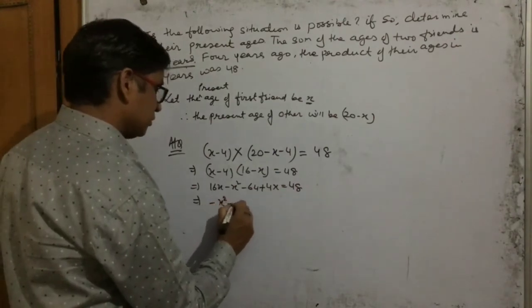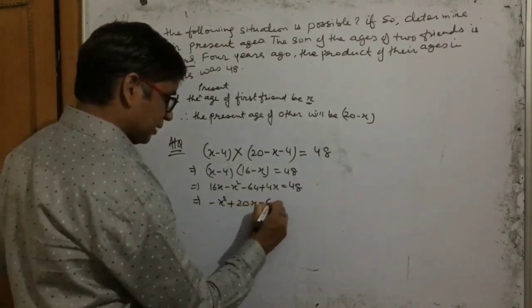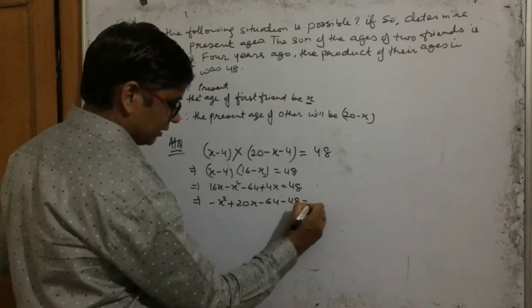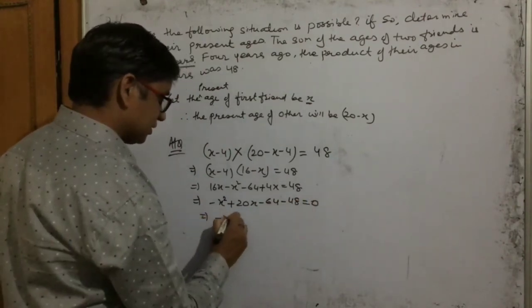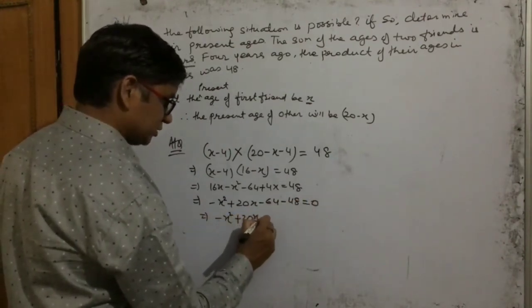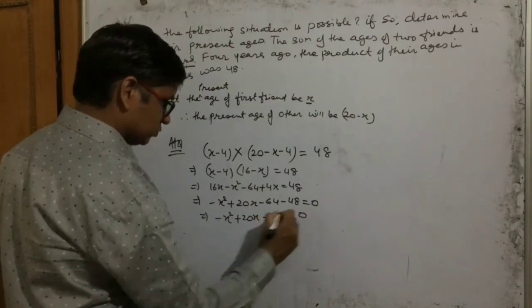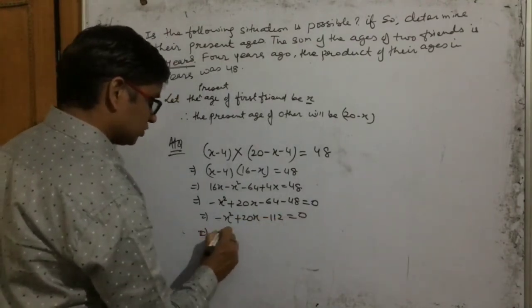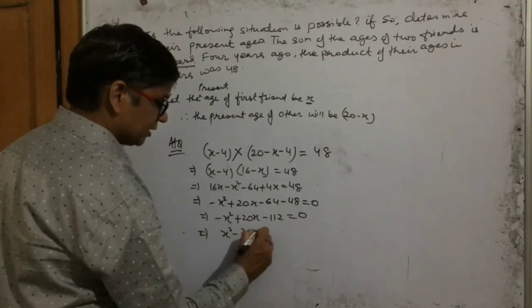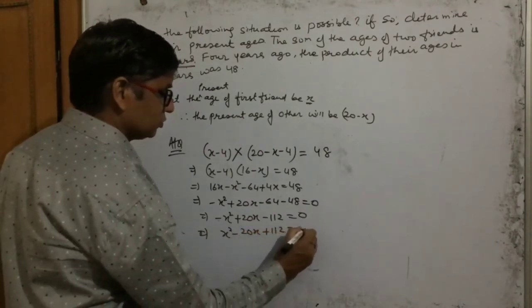Minus x square plus 20x minus 64 minus 48 equals 0, minus x square plus 20x minus 112 equals 0, or x square minus 20x plus 112 equals 0.